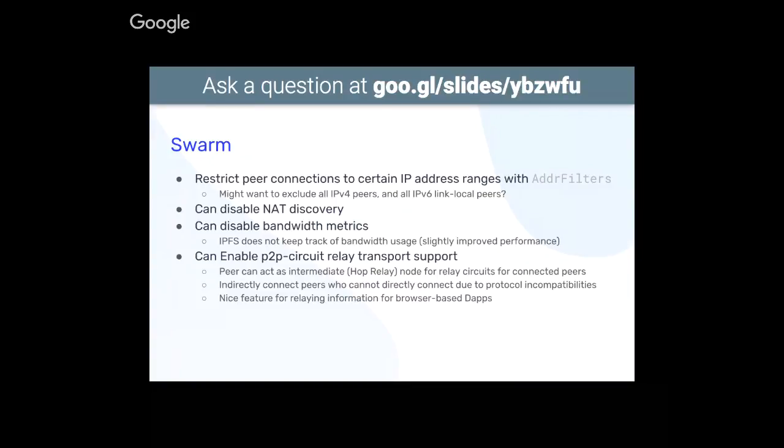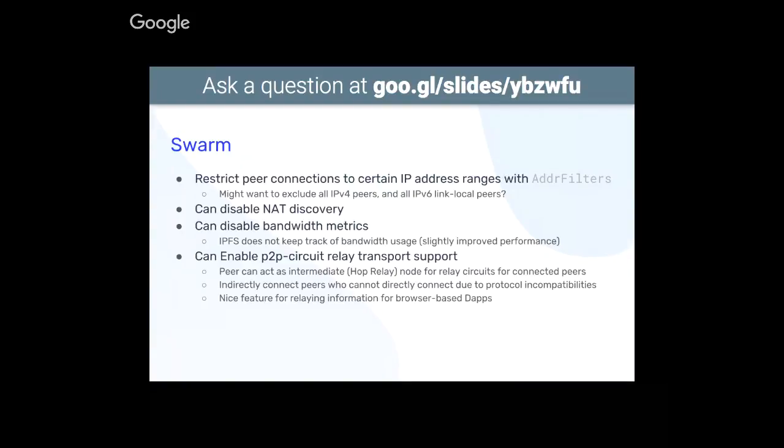So for instance, it's not that easy for browser-based, so JS IPFS peers, to connect to desktop-based or Go IPFS peers. But if your local Go peer has hop relay enabled, then it can act as an intermediary between peers that are having trouble connecting. So it's a nice feature to have if you want to be able to relay information for browser-based dApps.